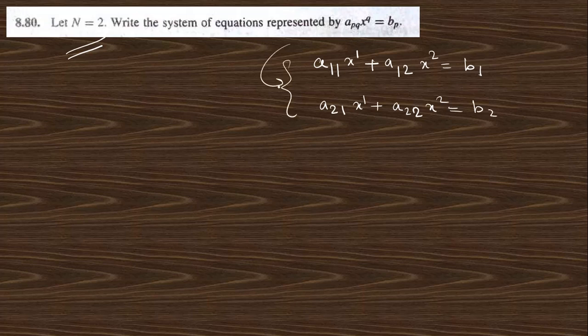So if you write the two terms, p is taken as 1, q is taken as 1, so x1 equals a1, only 2, x2 equals b1, and if you take p equals 2, so this is p2, q1, x1, and q changes to 2. So these two equations are found from this equation, the notation. This is the summation notation and this is the expanded form.